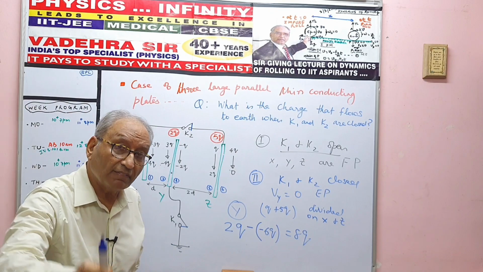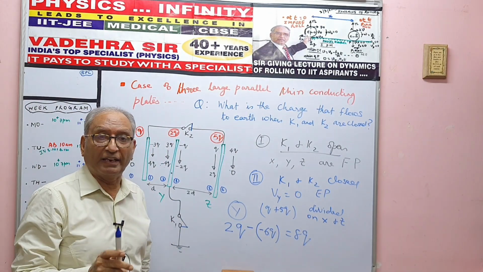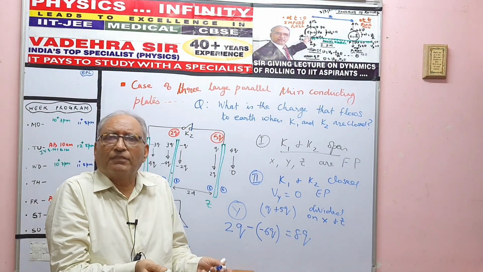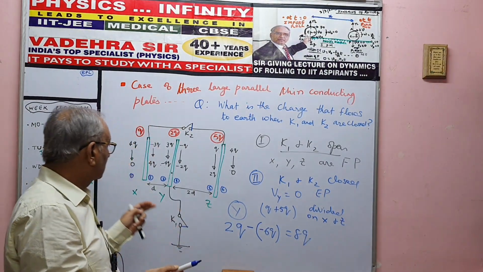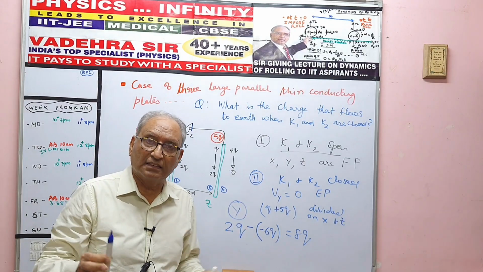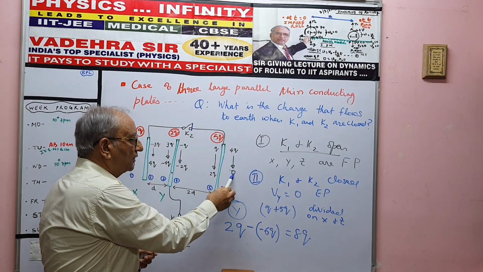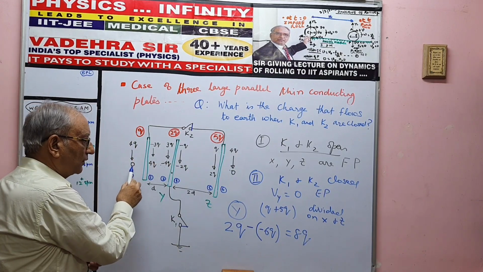Now this you must always remember, like I explained to you in the case of 2 plates. If any of the plates is earth, I could have given you plate Z is earth or plate X is earth, any of the plates is earth, then the outermost faces will have 0. So this will become 0, this will become 0.